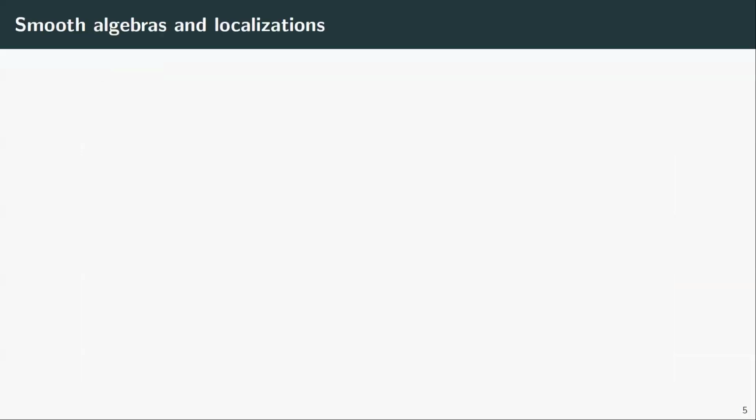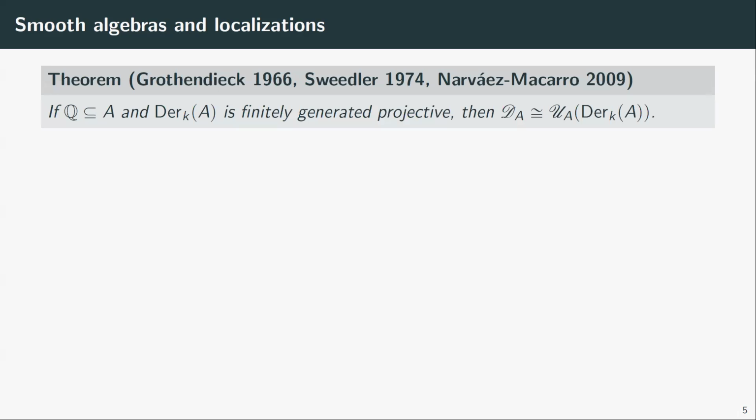So I will now give some theorems about some known ways to find out what the ring of differential operators looks like. The nicest case is when A is the coordinate ring of some smooth variety. In that case, the module of derivations is finitely generated projective.